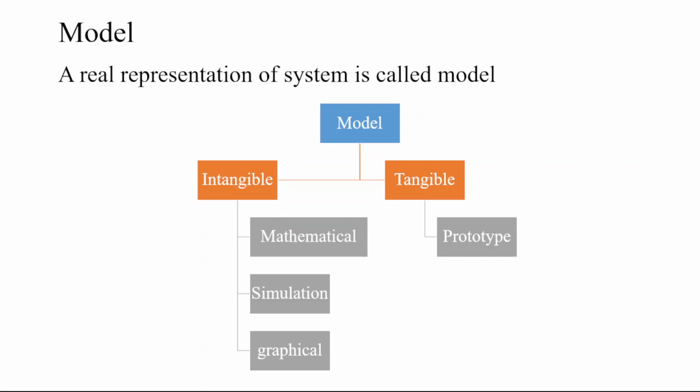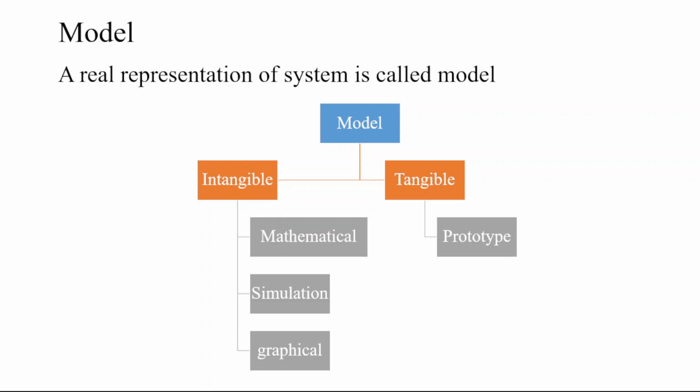A model can be tangible or intangible. For example, take architects: when you construct a building, you get a 3D model which you can touch and feel, just like the building that we are going to construct. That is called a physical model or tangible model.